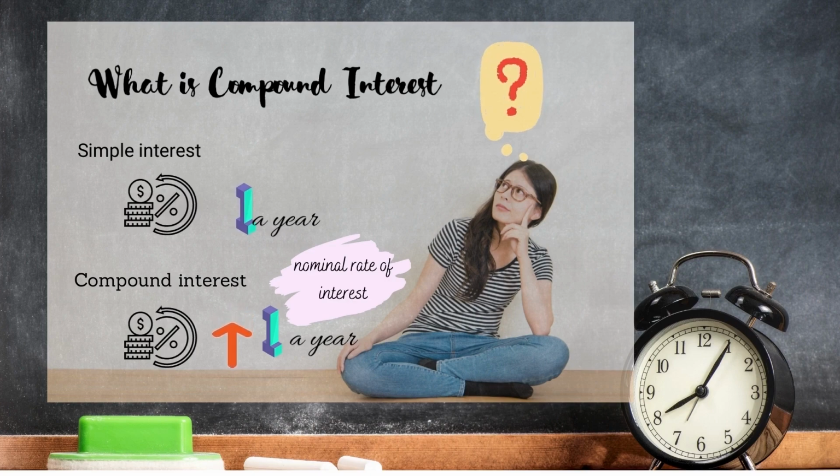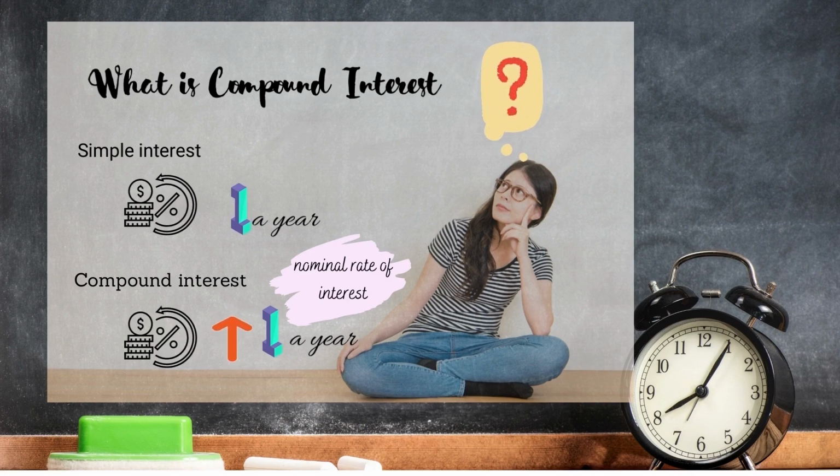Consider an investment whose time frame is divided into equal intervals. If an interest is computed after an interval and is added to the principal and thereafter earns interest, then the difference between the original principal and the total amount after the whole time frame is called the compound interest.